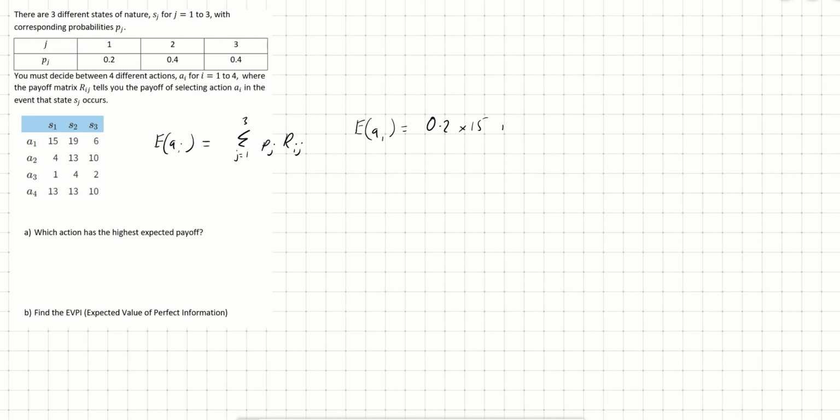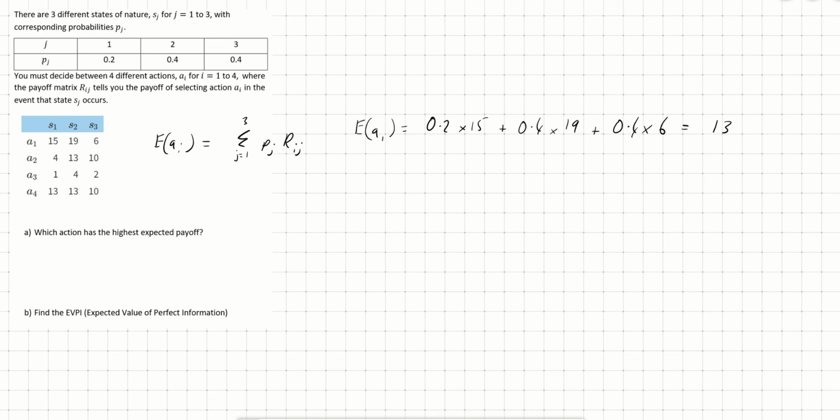We're going to keep working along the row. So then we get 0.4, that's the probability of state 2, multiplied by the payoff of action 1 at state 2, which is 19. And keep going, 0.4 times 6. And so the expected value of action 1 is just this calculation, which I believe comes to 13. That's the expected value of action 1.